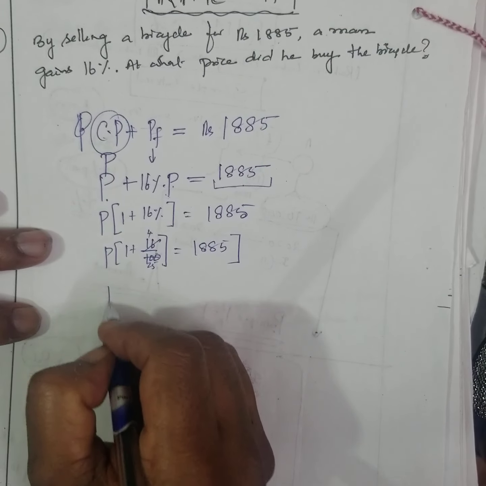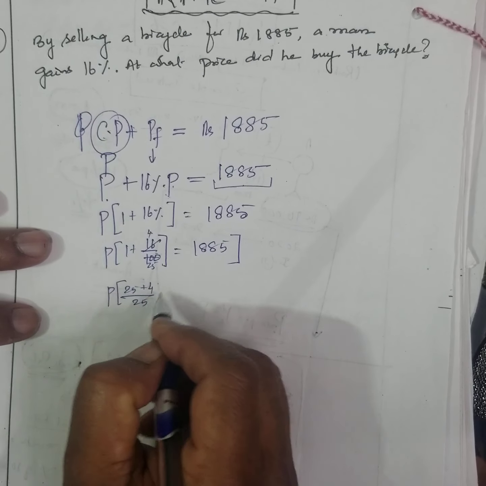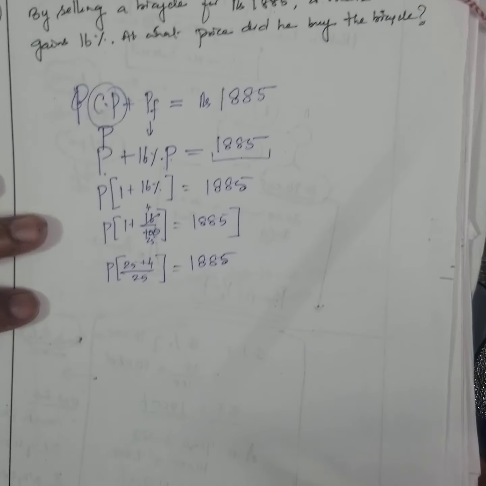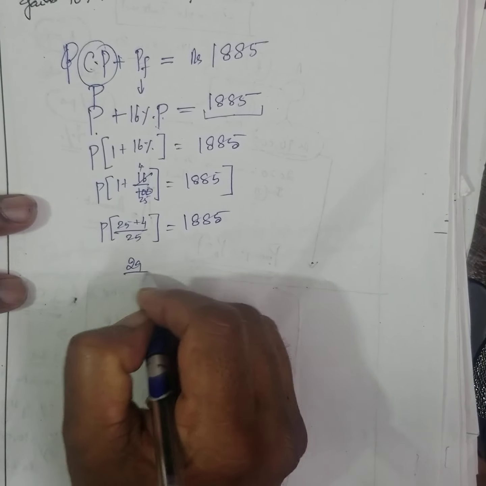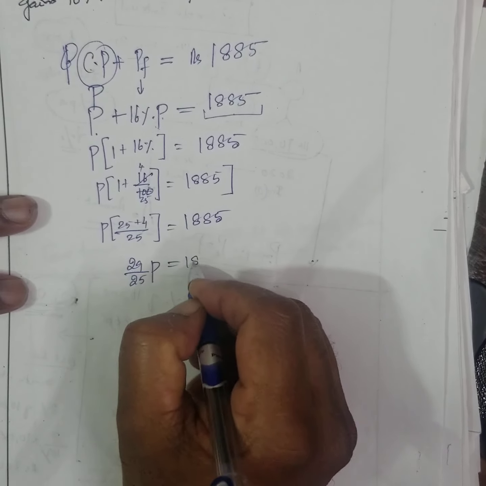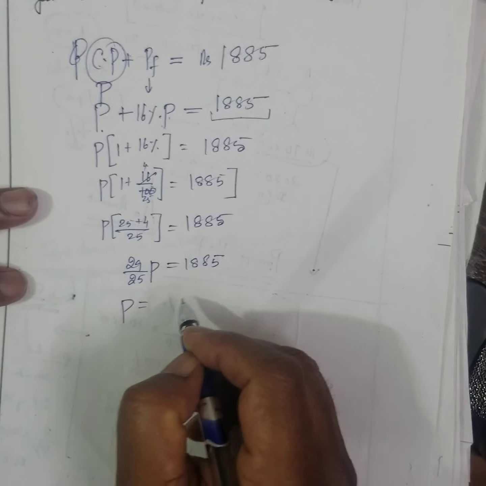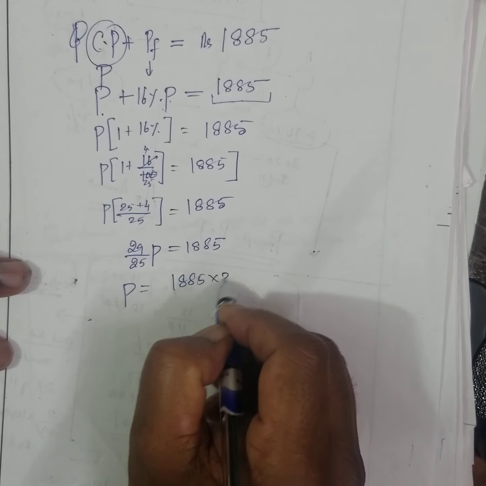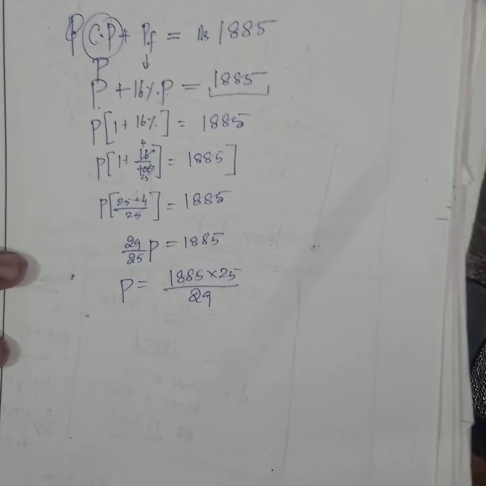Take the LCM. P times (25 plus 4) by 25 is 1885. This is 29 by 25 times P is equal to 1885. P is equal to 1885 into 25 by 29.